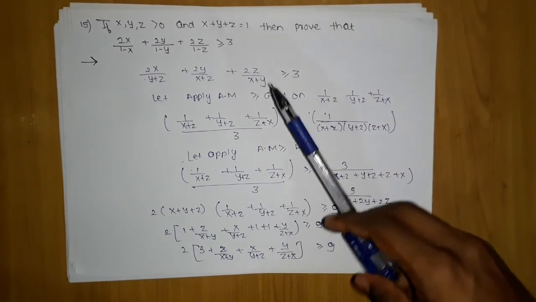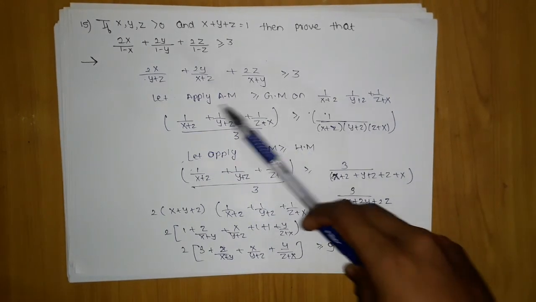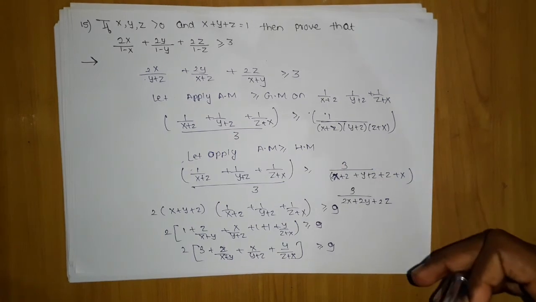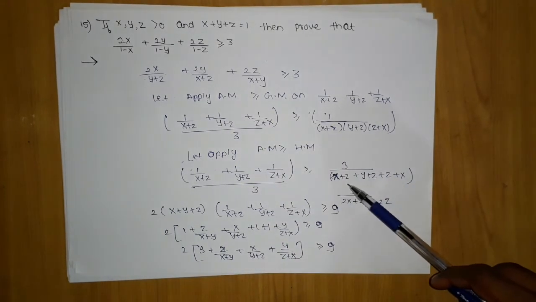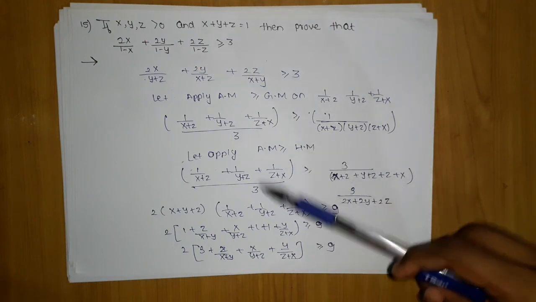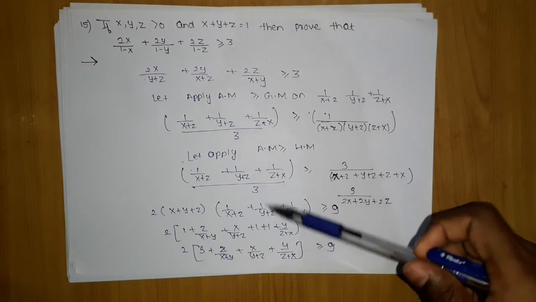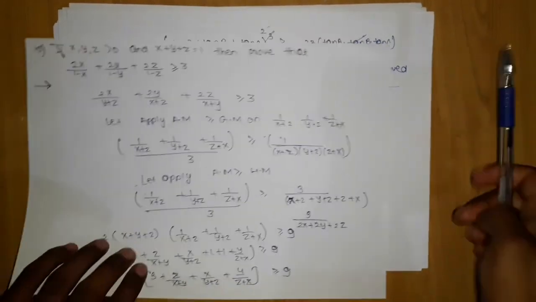Since I was not able to reach anything, I started applying AM greater than. Then if I invert these terms, this will be 2z, 2y, 2x. So it was confirmed that AM greater than or equal to HM should be applied to prove this thing. After applying that, we moved this to that side, we multiplied, we got this expression, we changed this and multiplied by 2, moved 6 there and got our answer.